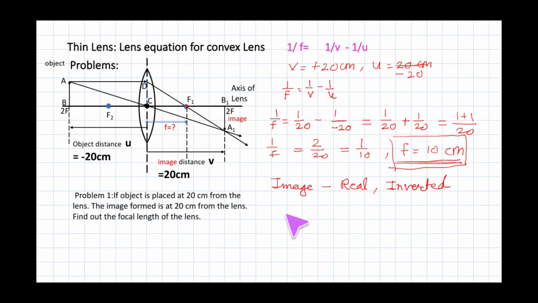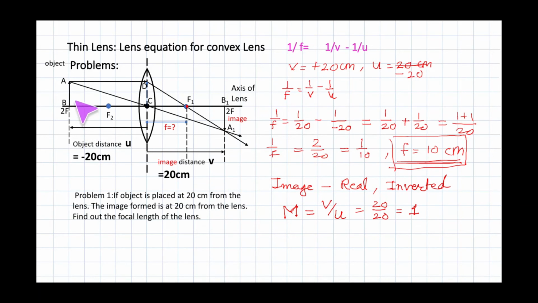Remember that the magnification m is given by v upon u. Here v is 20 centimeter and u is also 20 centimeter. So 20 divided by 20, the magnification is 1.